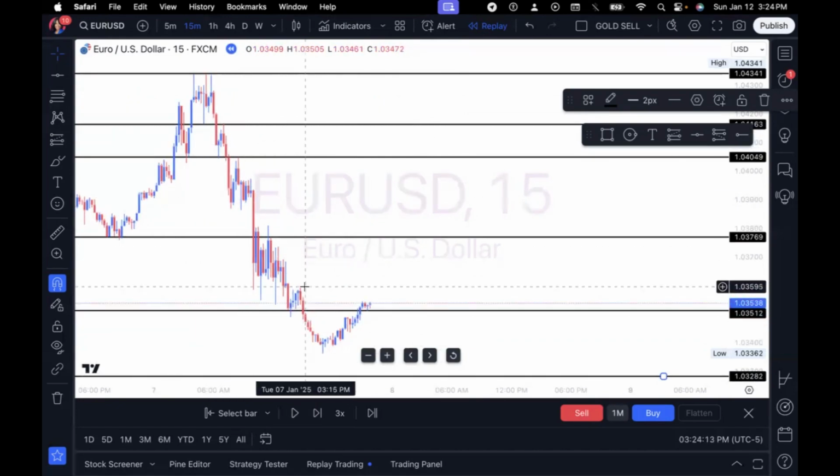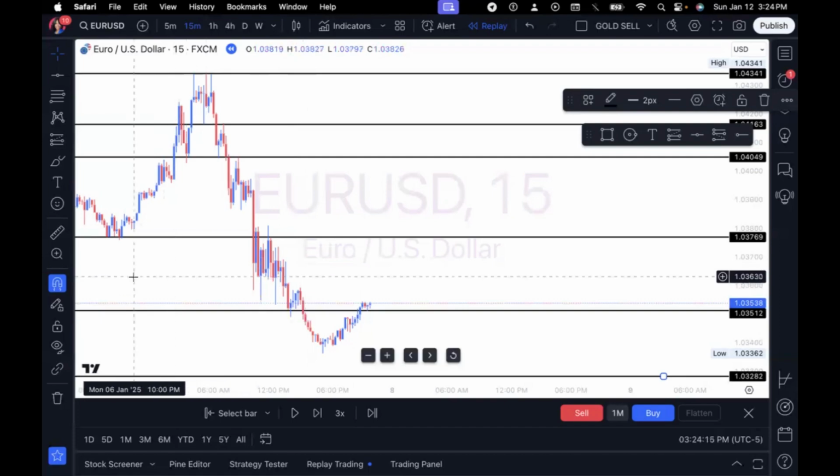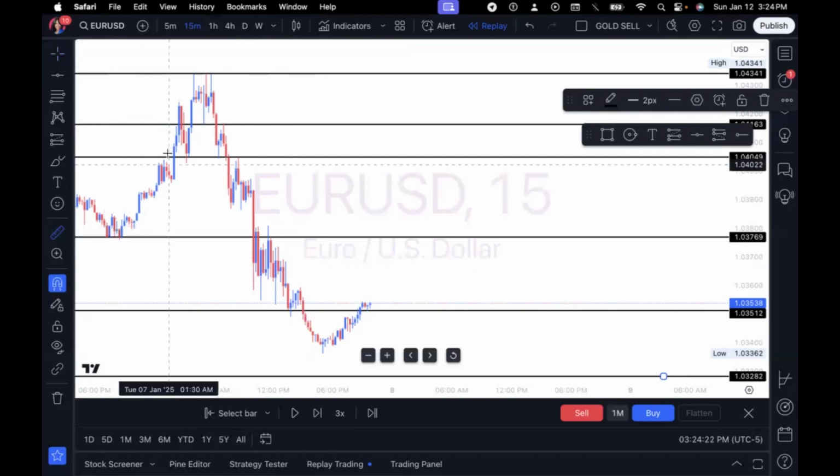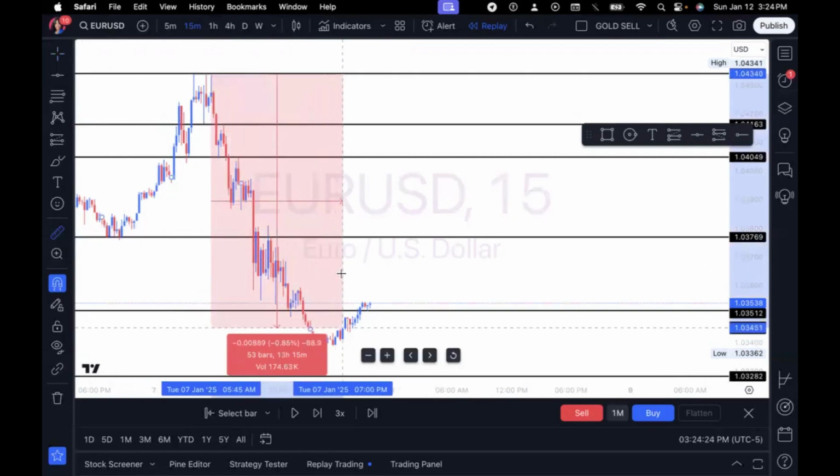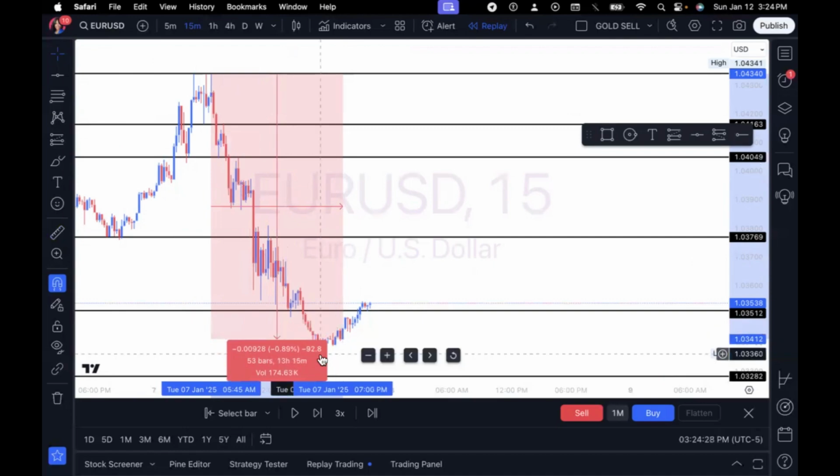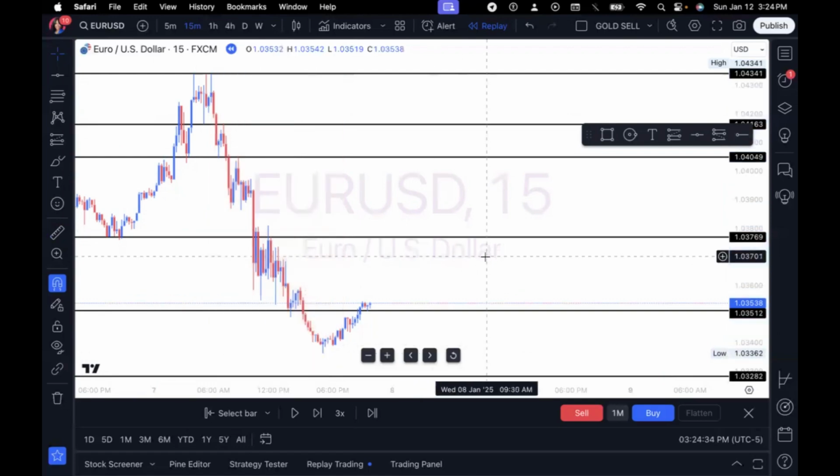So essentially, it's like becoming your own bot and automating your account, because you've already identified the levels, you've already set your trades, and then you're just waiting for them to play out. And then we can see that in the course of about 14 hours, we could have secured about 100 pips off of a 5-minute analysis, a couple of horizontal lines, a little bit of patience, and a few pending orders.